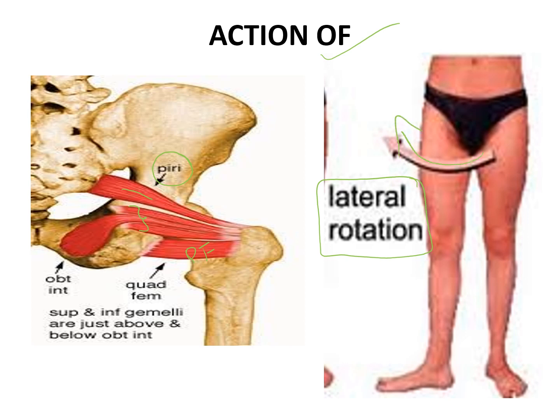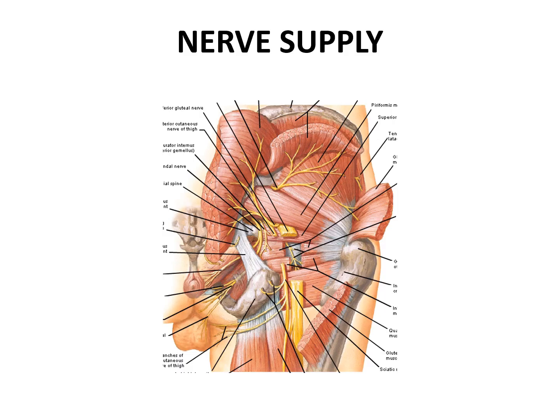Having discussed the muscles, their origin and insertion, we will next move on to the nerve supply of these muscles. The nerve supply of the gluteus maximus muscle will be by the inferior gluteal nerve. So this is the inferior gluteal nerve supplying the gluteus maximus muscle.